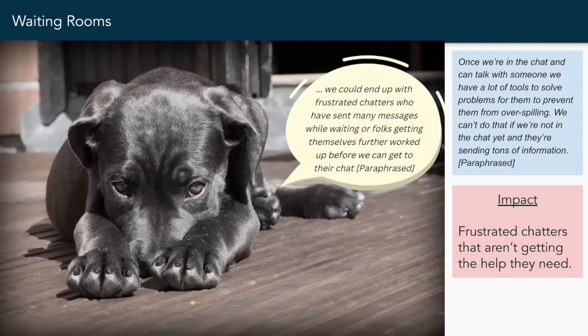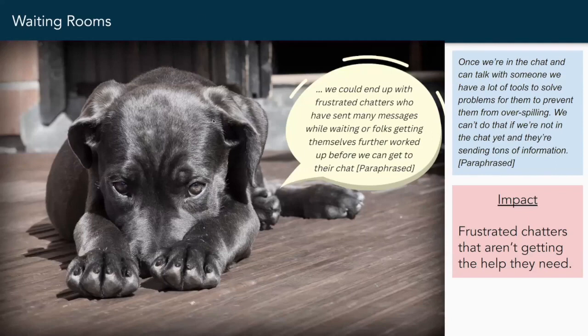Another agency that had a text and chat program said that once they're in the chat, they can talk with someone and have a lot of tools to solve problems and to help prevent the survivor from overspilling. But obviously they can't use any of the tools that the advocate has if the advocate is not in the chat yet, especially if the survivor is continuing to send a ton of information.